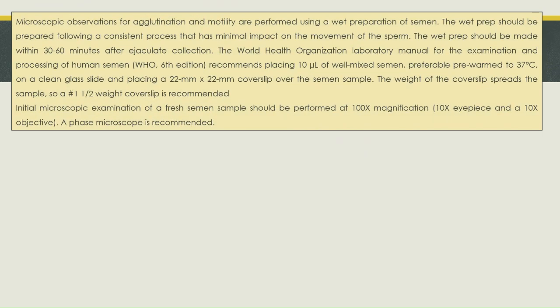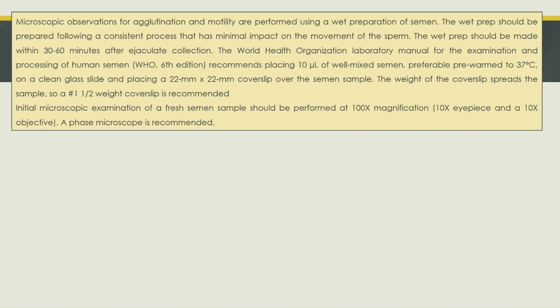Microscopic observations for agglutination and motility are performed using a wet preparation of semen. The wet prep should be prepared following a consistent process that has minimal impact on the movement of the sperm. It should be made within 30 to 60 minutes after ejaculate collection.